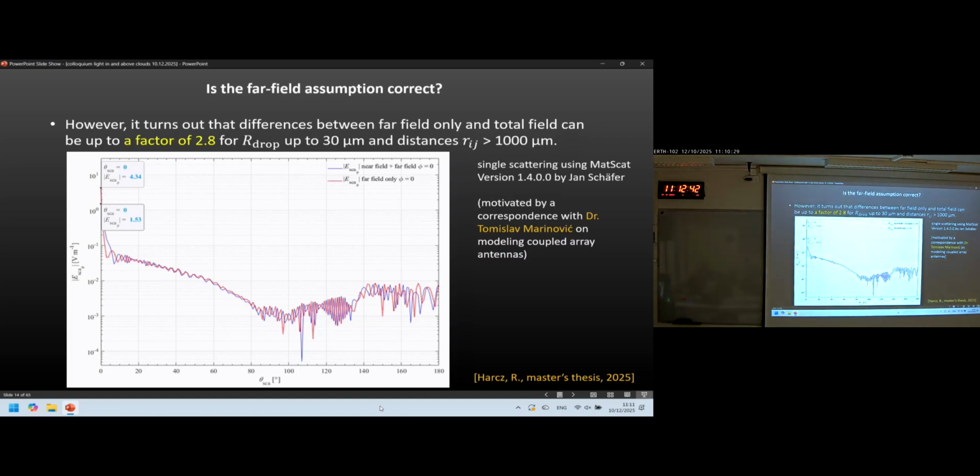On the other hand, if we do a calculation where we don't just use the far field, but include what's called the near field, we find there could be quite large differences, even at those distances. How large? Even a factor of 2.8. A factor of 2.8 difference between the far field and including the near field in the calculation. That's not negligible.